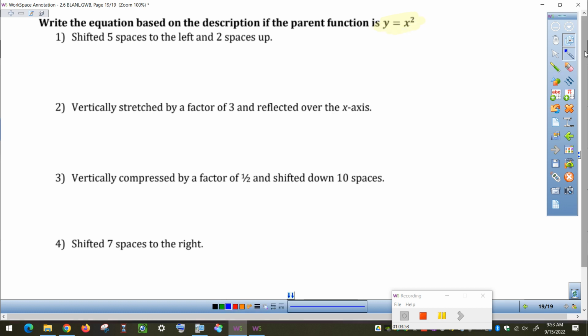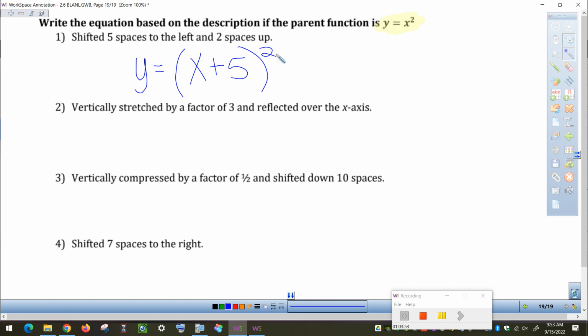All of these are going to be based on y = x², but really we could do it for any of them. So for example here, if we wanted to go 5 spaces to the left, we're going to add 5 inside of our parentheses. Don't forget to keep it squared on the outside. And then if we also want to go 2 spaces up, we're just going to add 2 on the end.